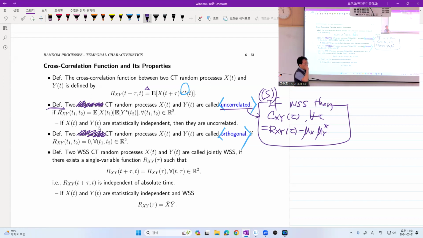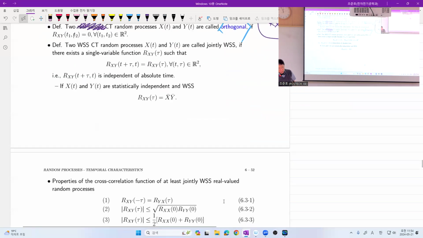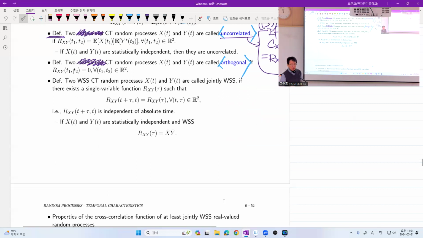The problem when we talk about complex valued random processes and their uncorrelatedness and orthogonality is that people have just talked about the conventional, ordinary correlation and covariance functions only. That is problematic.